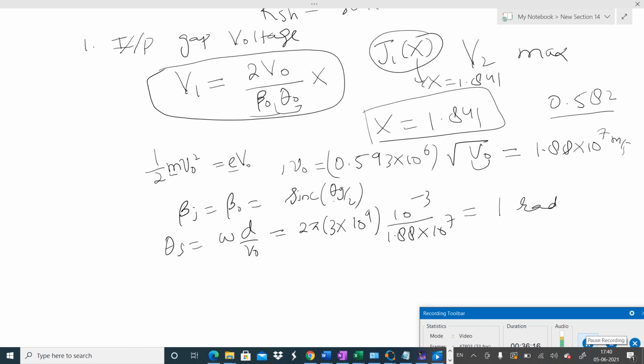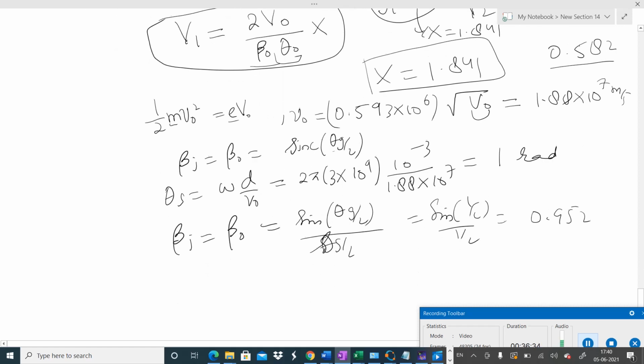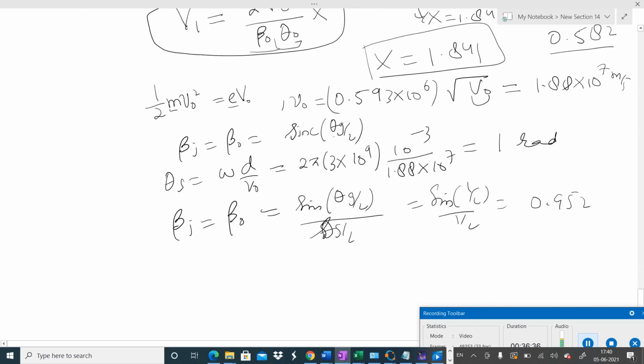Then the beam coupling coefficient beta i, which is the same for the two cavities, is sine of theta g by 2 divided by theta g by 2. So it will be sine of half divided by half, which is about 0.952, which you can compute on a calculator. Then we need theta naught, the transit angle, which is given by omega t naught, also given by omega L divided by V naught.